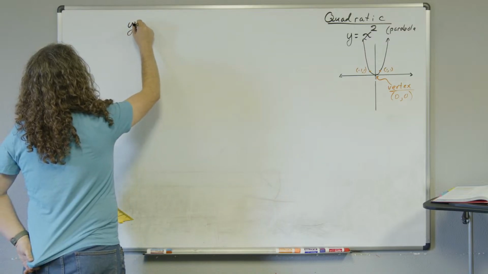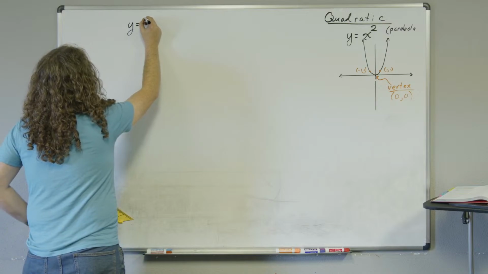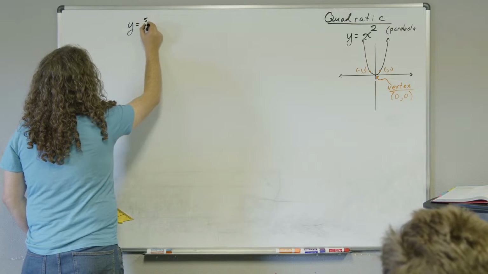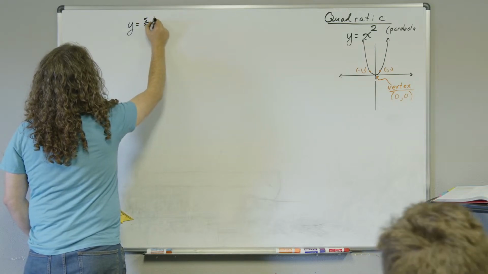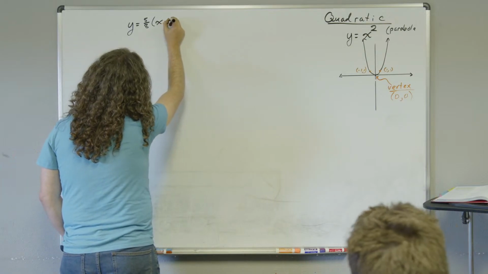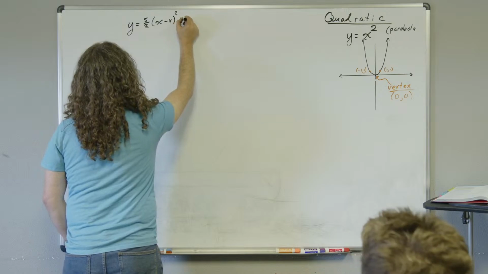Y equals 5/8 times x minus 4 squared plus 2.